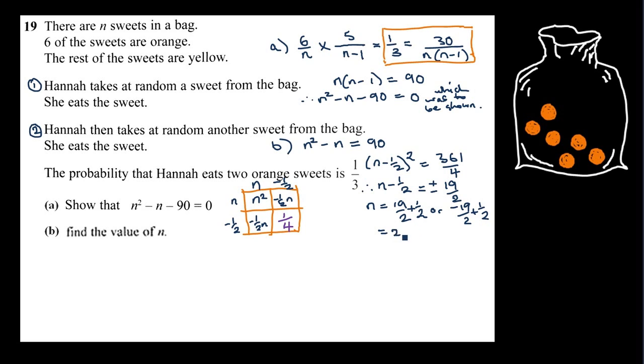So the answer has got to be n equals 19 halves plus a half, 20 halves, equals 10. So the value of n is 10. 10 what? 10 sweets in the bag to begin with. Okay, so that's my answer for part B, 10.